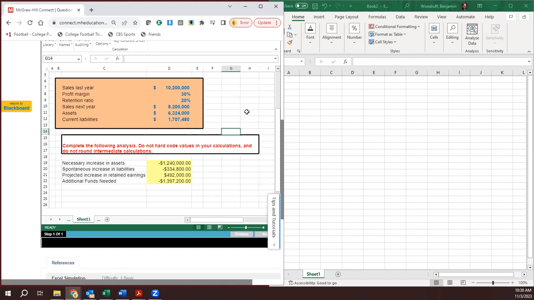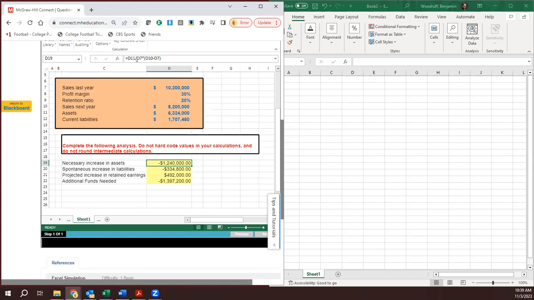Okay. So if everything is remaining the same and my sales are changing, my assets are going to change to match those sales. My sales are declining. That means my assets will also decline. The way I calculate what this will be is I know what my previous assets over the sales was, that ratio.